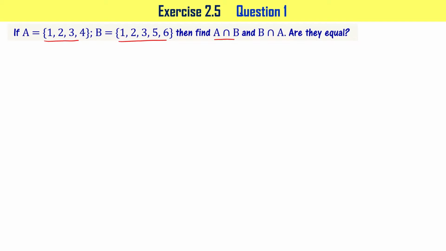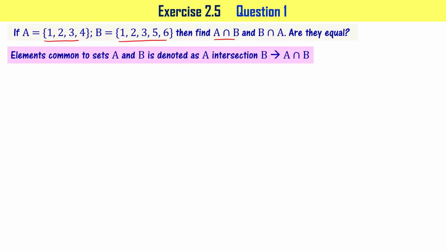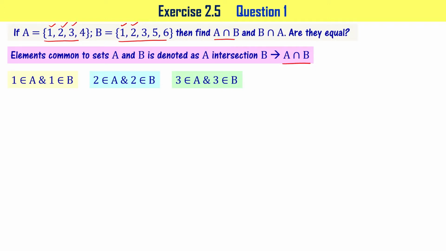Now we have to find A intersection B. We said that elements common to sets A and B are denoted as A intersection B. As you see here, 1 belongs to A and B. 2 belongs to A and B also. 3 belongs to A and B also. Whereas 4 belongs to A only, but not to B. It doesn't belong to B.